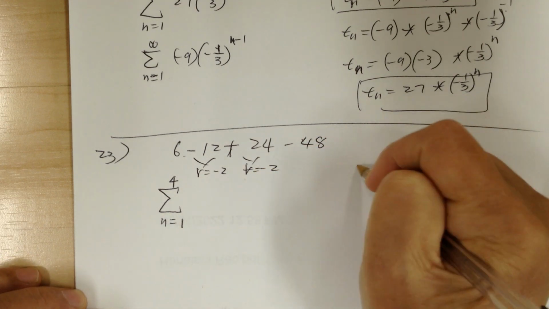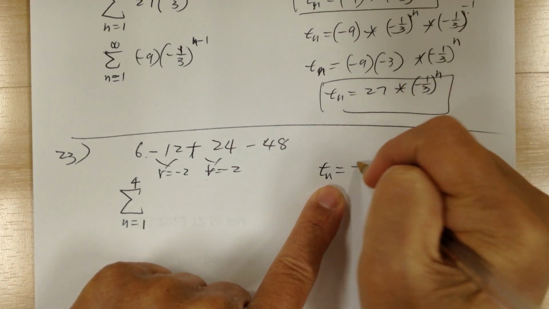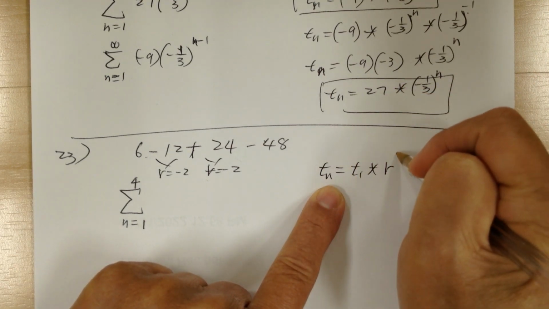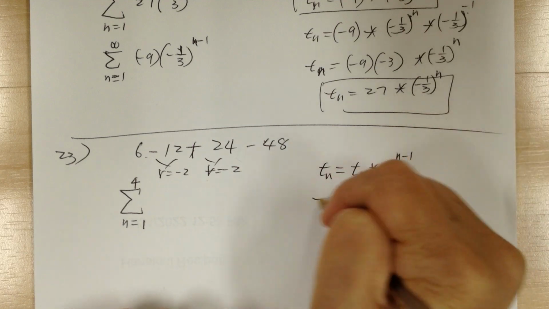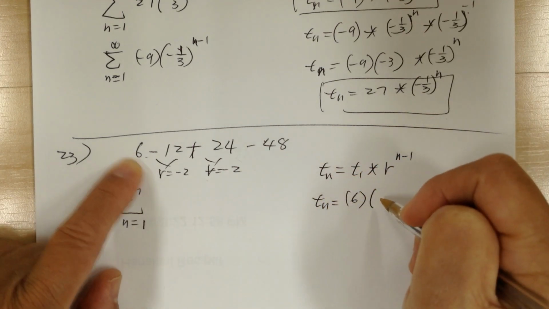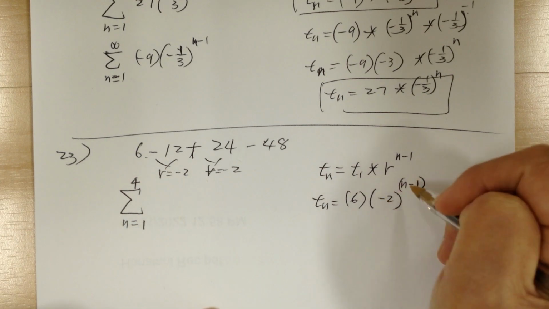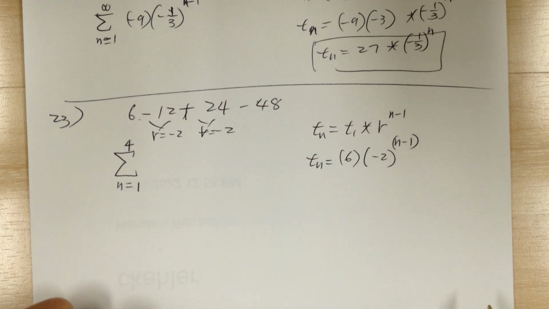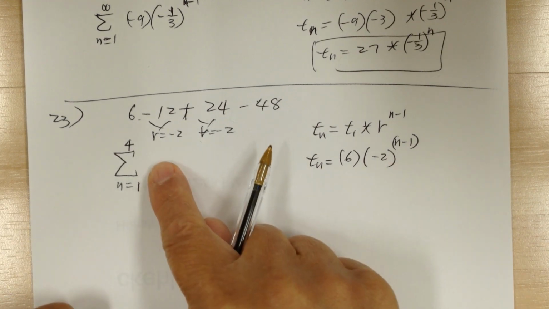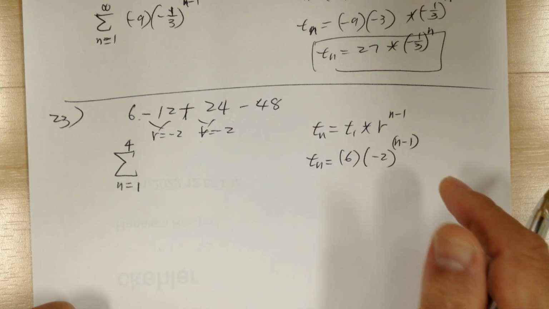So if you go t of n by formula, this is geometric. So t of n equals t1 times r to the n minus 1. If you have this in here, that's fine. But if you want to simplify to the book answer, that's fine too.